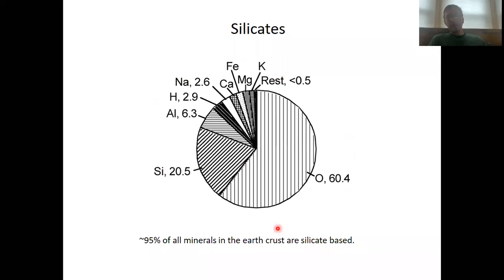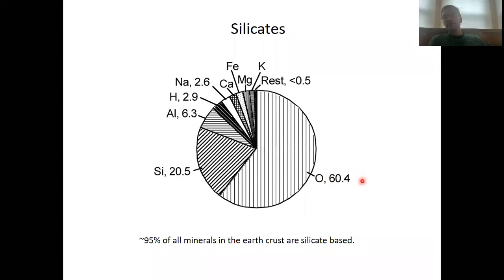So today we would like to start a new chapter, which is about silicates. Silicates are worthy to be uncovered because they are the most abundant class of compounds in the Earth's crust. This is mainly due to the fact that oxygen and silicon are the two most abundant elements.